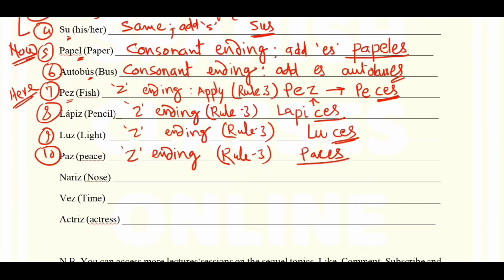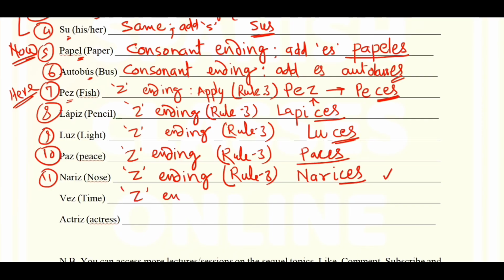Drop z, ces added. Next example, nariz. Z ending. Apply rule number 3. Nariz: drop z. Narices. Vez. Z ending. Rule number 3. Veces.